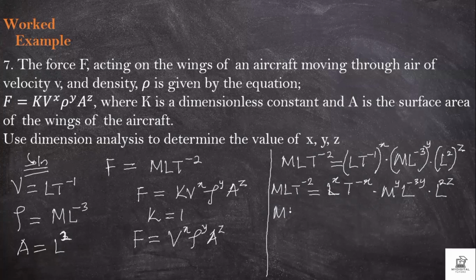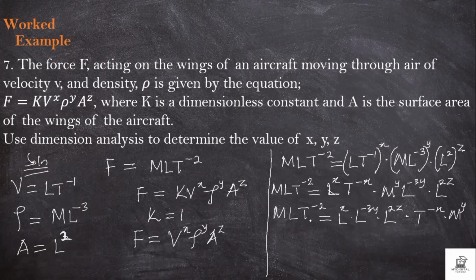So I have MLT minus 2 is equal to L raised to power x multiplied by L raised to power minus 3y multiplied by L raised to power 2z, then multiplied by T raised to power minus x multiplied by M raised to power y. Then the next thing is to use the law of indices. When you're multiplying, then you add what? The powers.